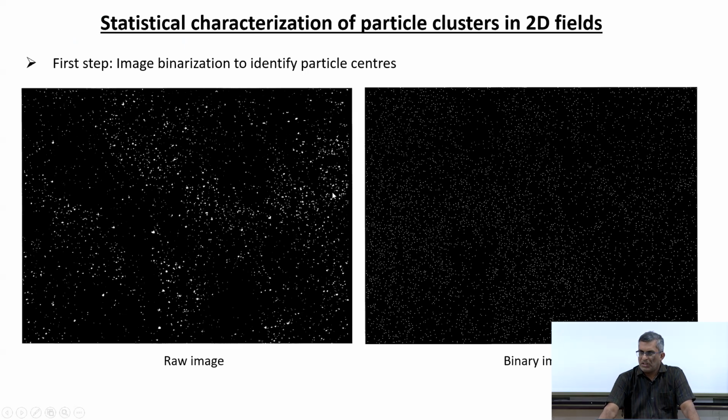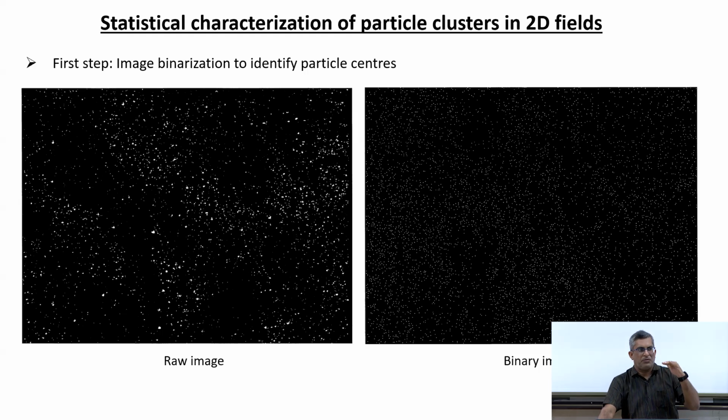images. So, we have 2D images, for example, from PIV, as you can see here. This is an image where you can see many particles. So, the first step is to binarize. Binarize means we put an intensity threshold. Here this is a grayscale image where the intensity varies from 0 to, let us say, if it is an 8-bit camera, then 2 to the power of 8, that is 255.